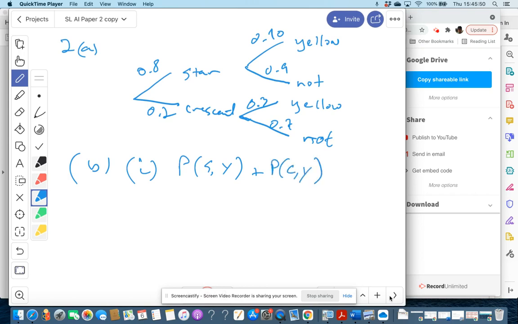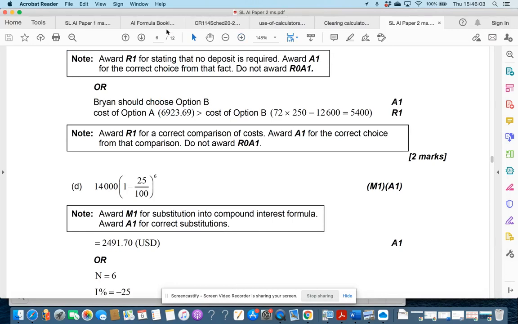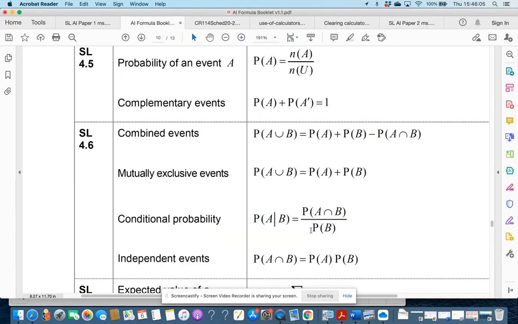And I use the word and, so that means I'm going to be multiplying some probabilities. Those are in the formula booklet. Again, I'm going to be adding for or. I'm going to be multiplying for and. Okay, so just to refer to that.